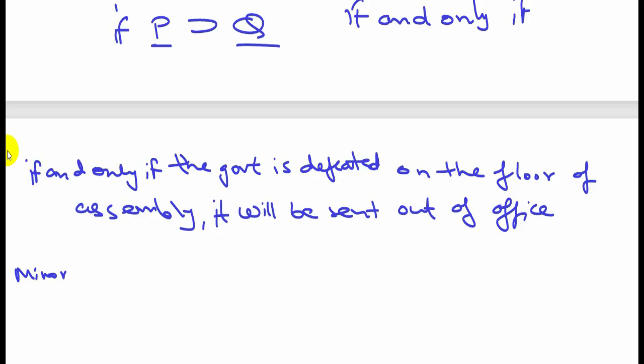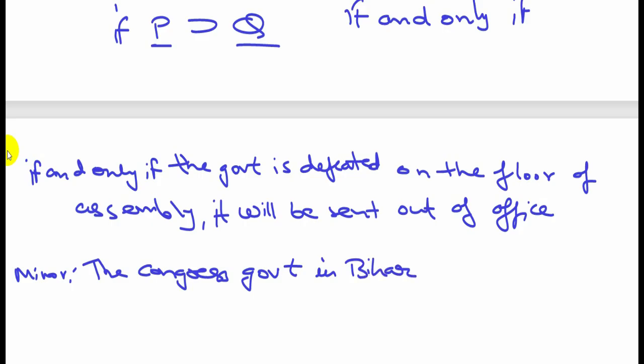Minor premise: the Congress government in Bihar has been sent out of office.